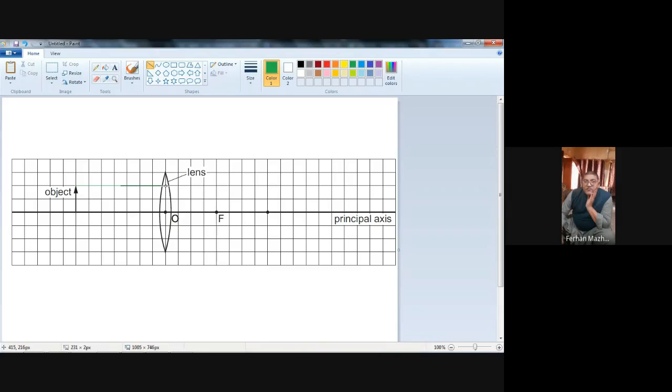The first moves parallel to the principal axis, and then from that point on the lens, it passes through F. The second ray also starts from the head of the object and passes through the optical center.